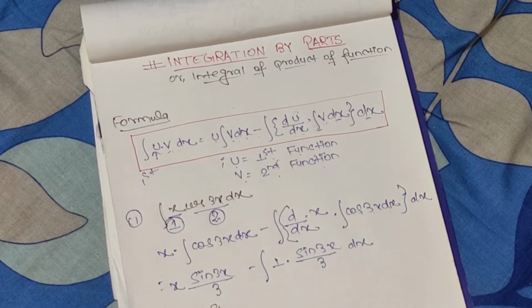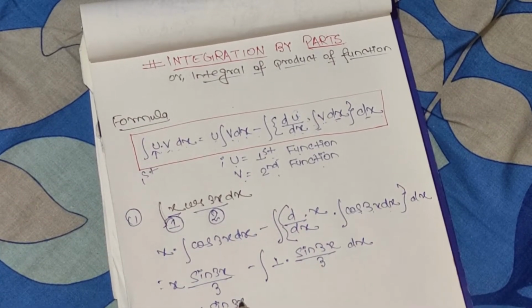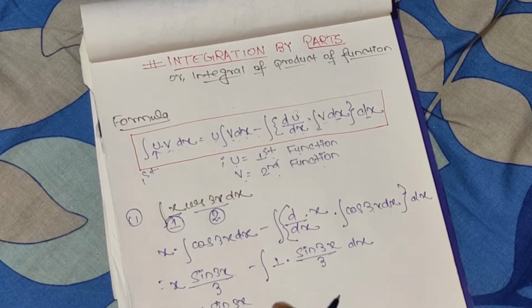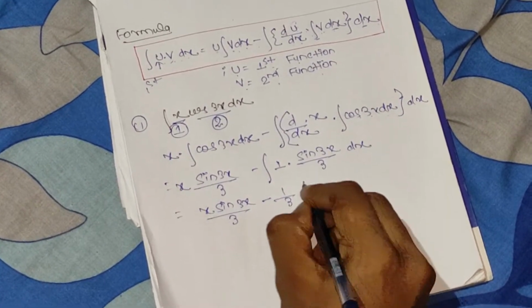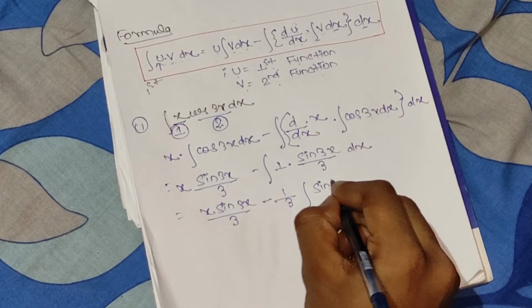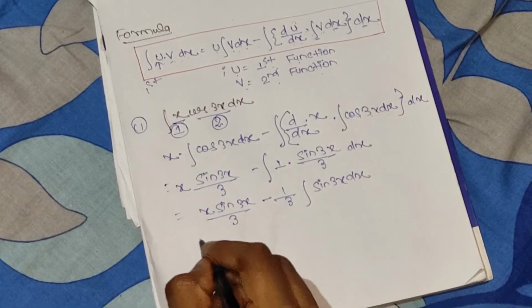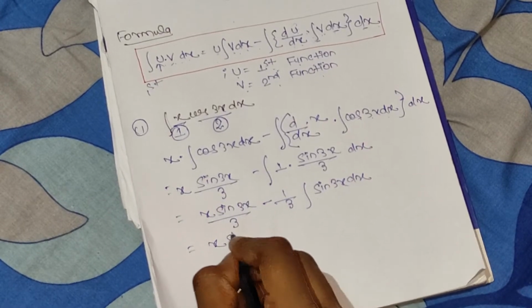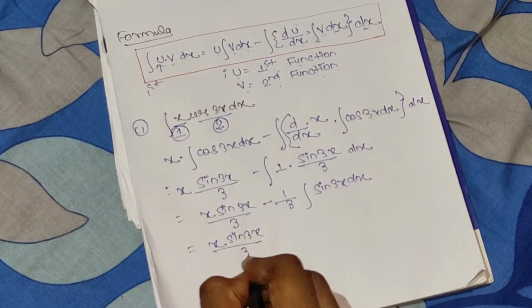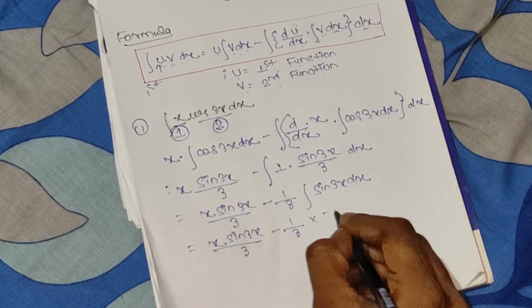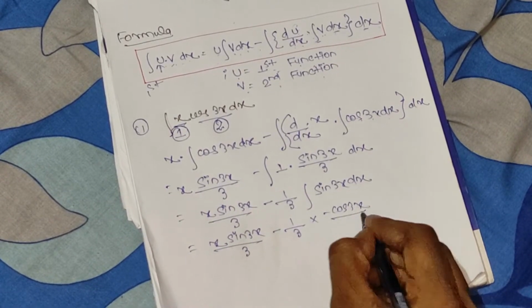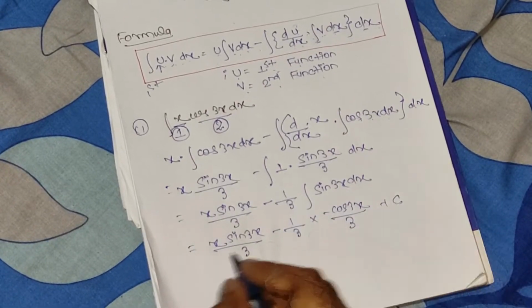Now it becomes x into sin 3x by 3 minus 1 by 3, we take it out, and we are left with integration of sin 3x dx. Now it becomes x sin 3x by 3 minus 1 by 3, and integration of sin 3x is minus cos 3x divided by 3, plus c.